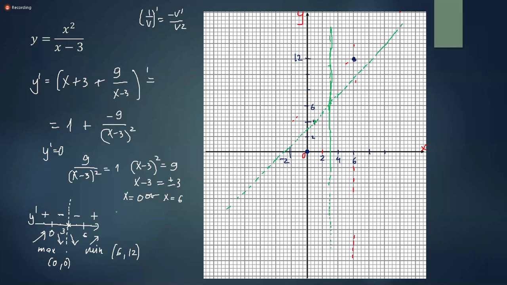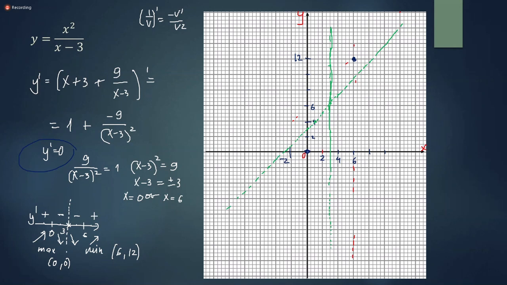And now the graph itself. So how do we use all this information to graph? Increase, decrease. This is a maximum, sorry. And actually it's a horizontal maximum because the derivative is 0. That means the tangent line is horizontal. So the graph is horizontal-ish.